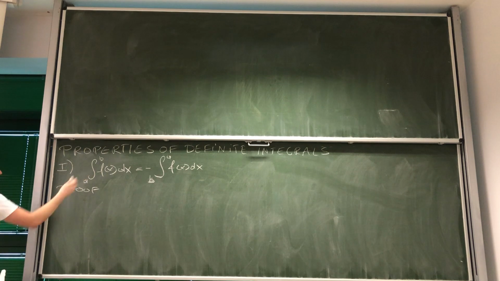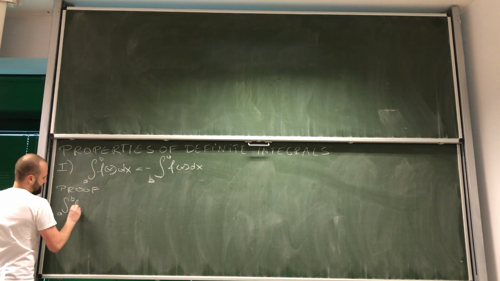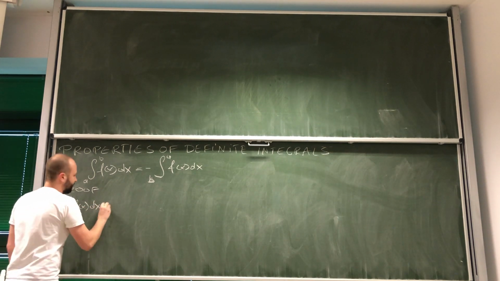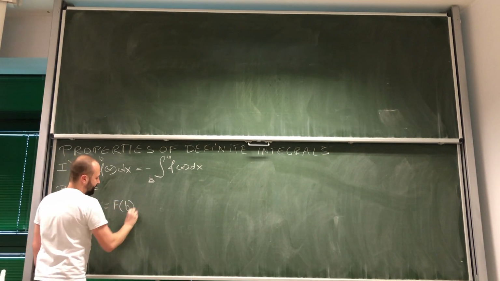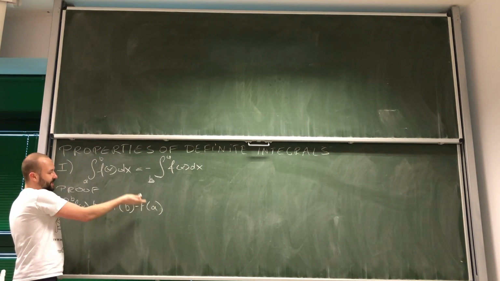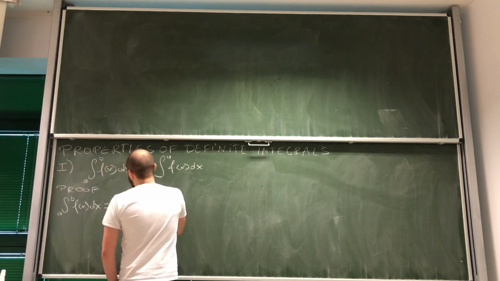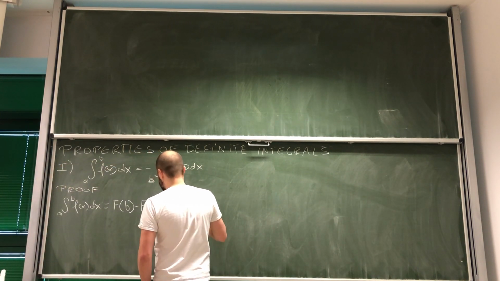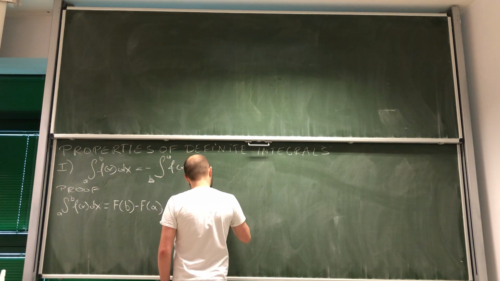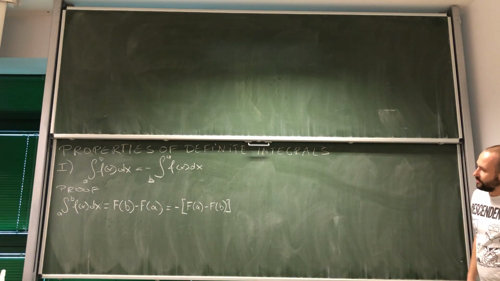Okay, look, by definition, a definite integral like that is equal to F of b minus F of a. Look, if I'm going to take the minus outside the parentheses, outside the brackets, right?